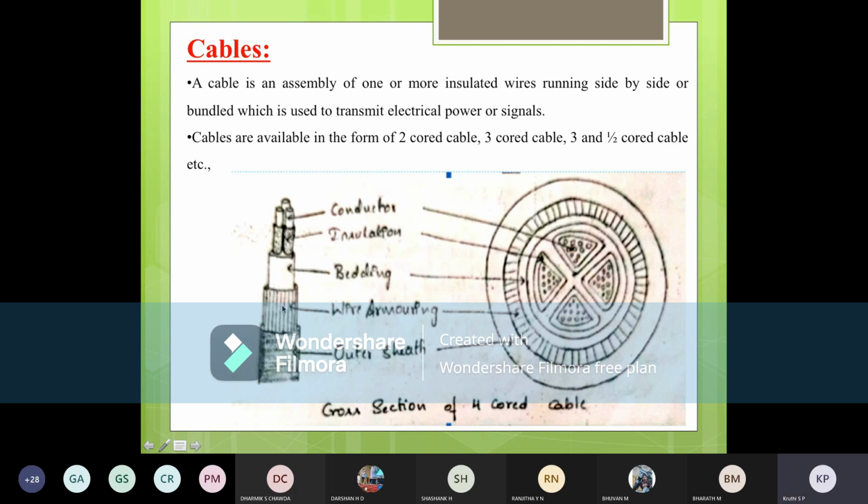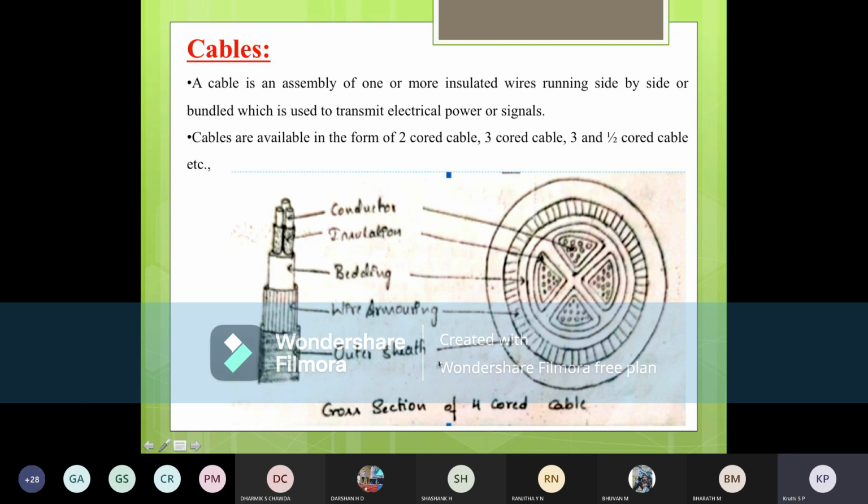Next comes the wire armoring. This will be given so that all these three are bundled properly, giving the conductor, insulation, and bedding a proper way to hold. For that we give the wire armoring.